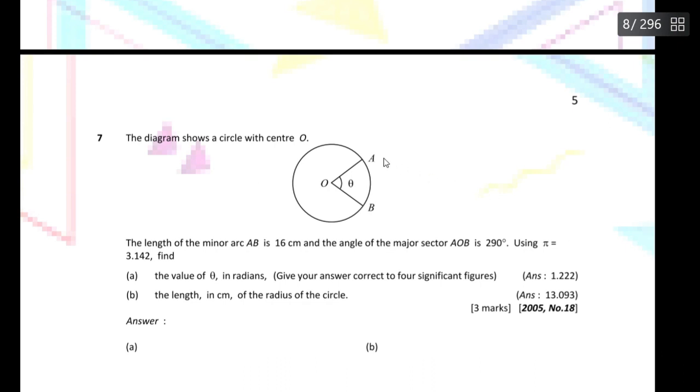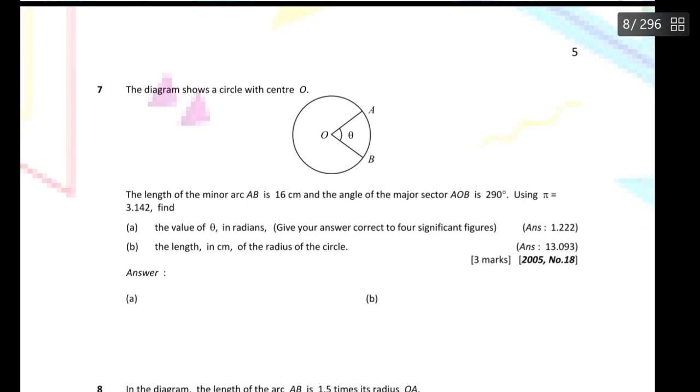Let's write down first the information that we have here. Arc AB here is 16, and the major sector means the outside one over here. The major sector here is 290 degrees. Using pi, find the value of theta.